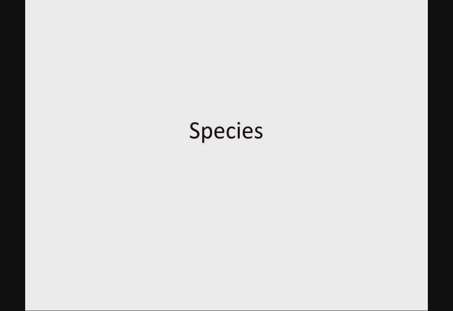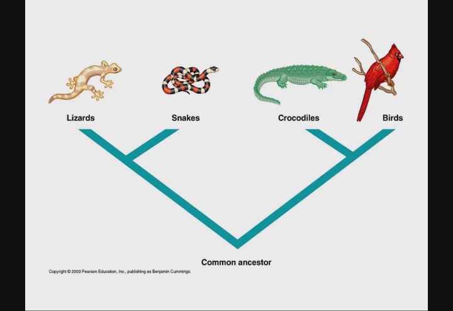So we have many, many different species, many different types of life, but we have a common ancestry, right? So basically, if two populations of the same species encounter different selective pressures and they don't get to interbreed, they will evolve differently, right?